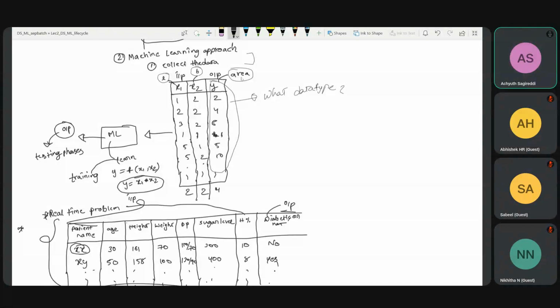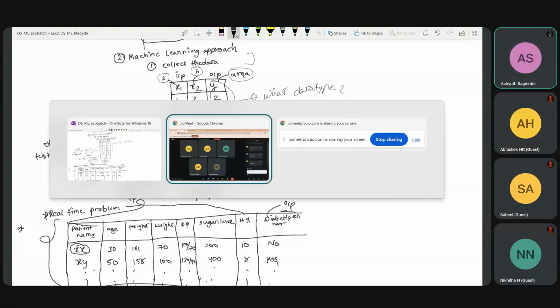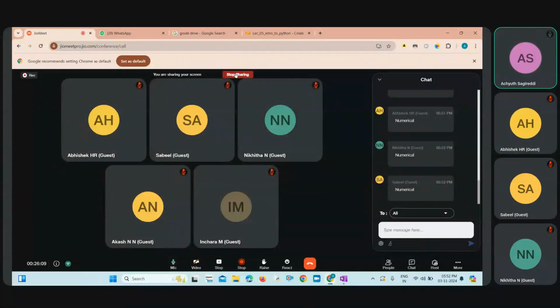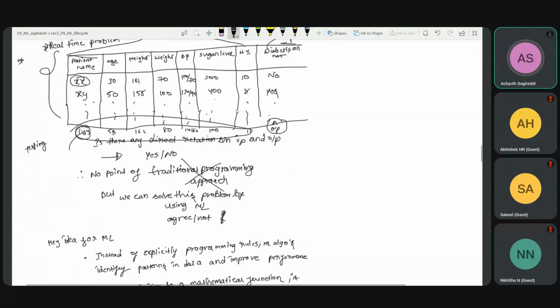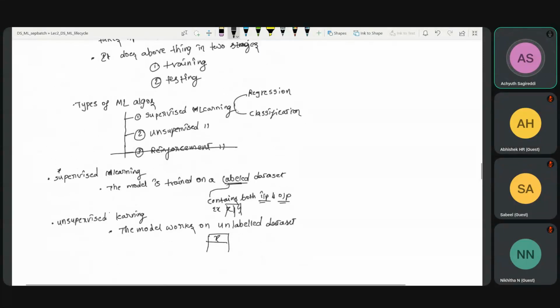In that, area corresponds to which data type? Numerical data. Yeah, exactly. For numerical data, we have a set of machine learning algorithms to be used. In today's class, we'll see supervised machine learning algorithms in detail.